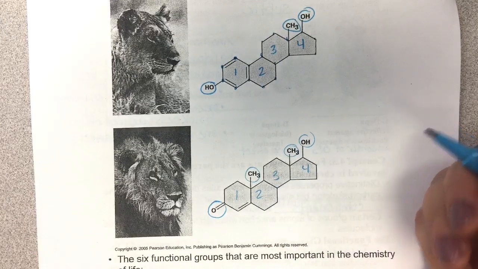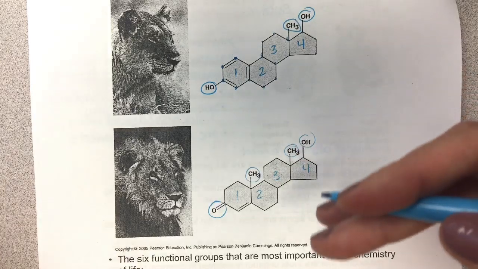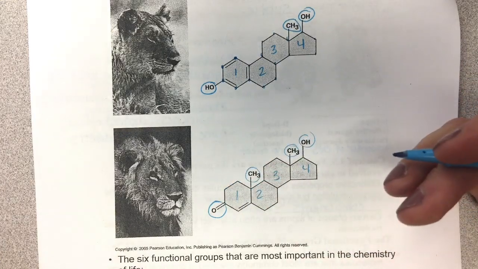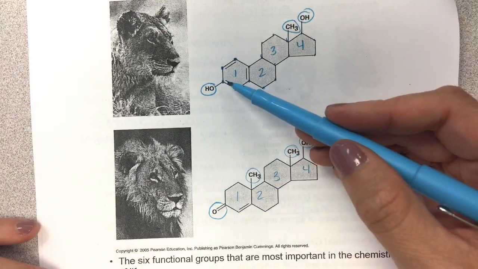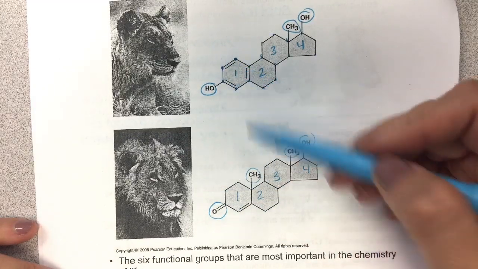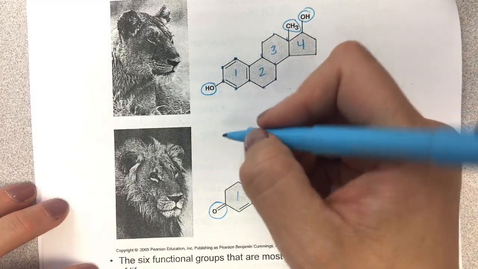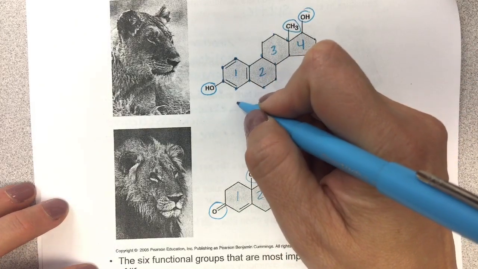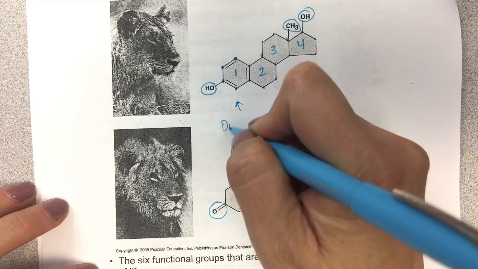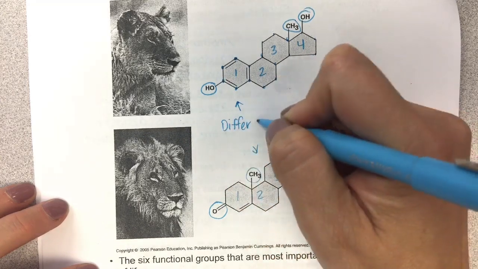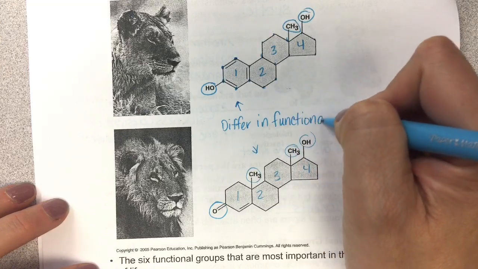And so the location of these functional groups can change the molecule and therefore its function. One other difference you might have noticed is the double bonds in the ring. So they become single bonds and so on. So these two molecules differ in functional groups. That's these OHs and so on.